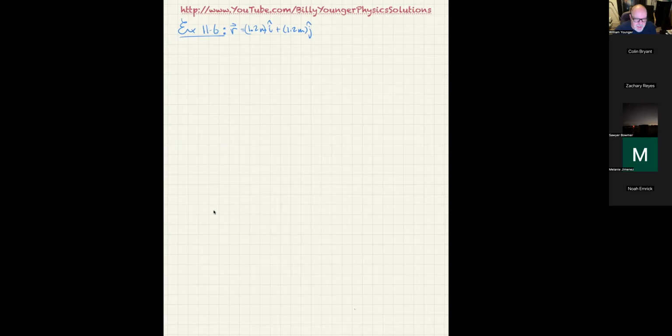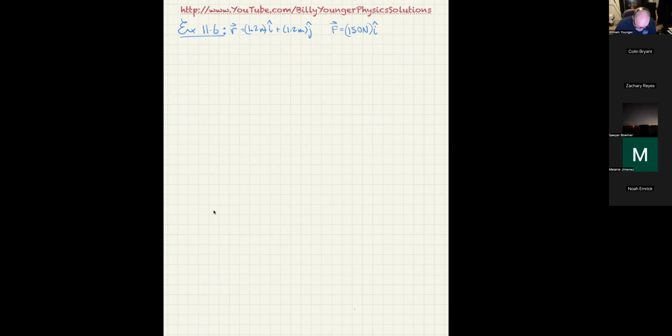And we're saying at the tip of that vector, this vector runs from the rotation axis along the object that's being rotated to the point of application of the force. And at the end of that vector, there is a force given by 150 newtons in the i hat direction.